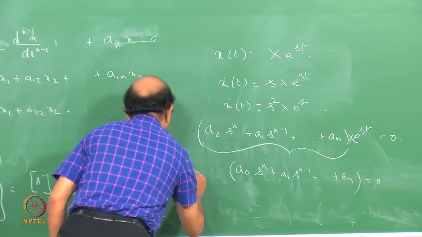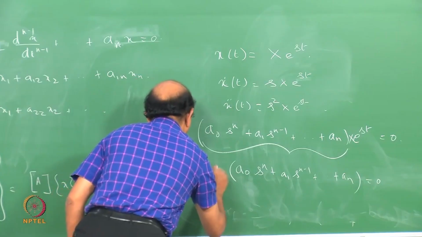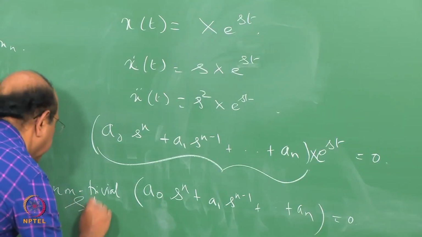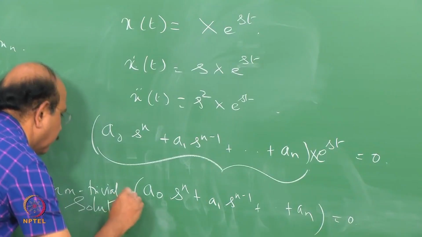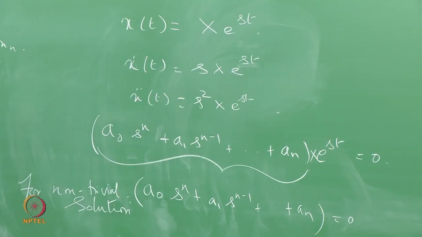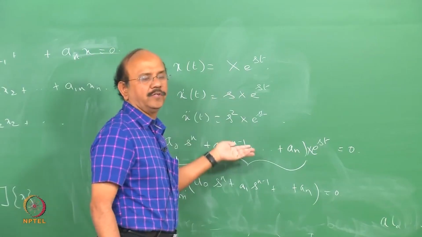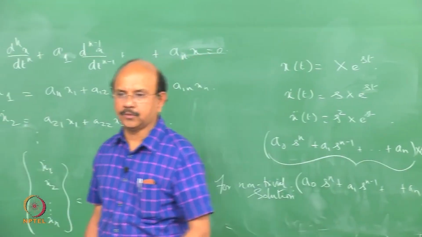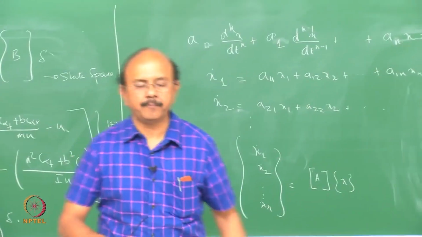So s is nothing but the roots of this equation. There are n roots, and so the solution of the equation can be expressed as the sum of these roots and so on, right?